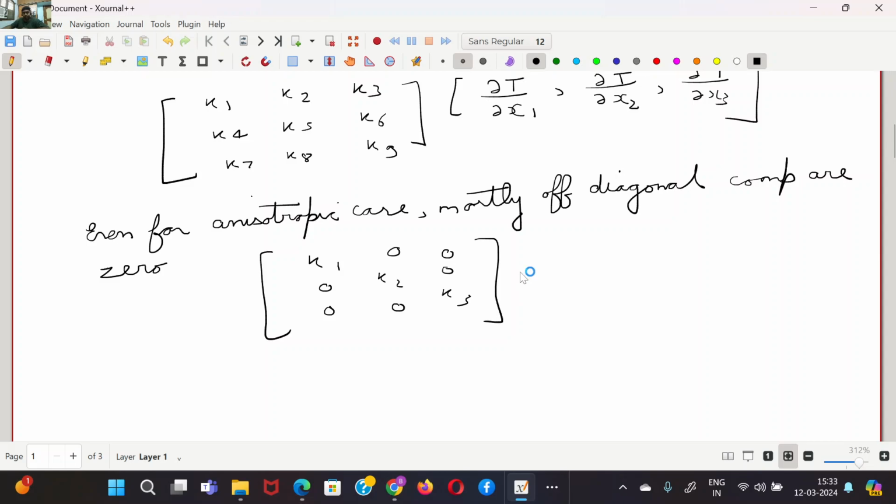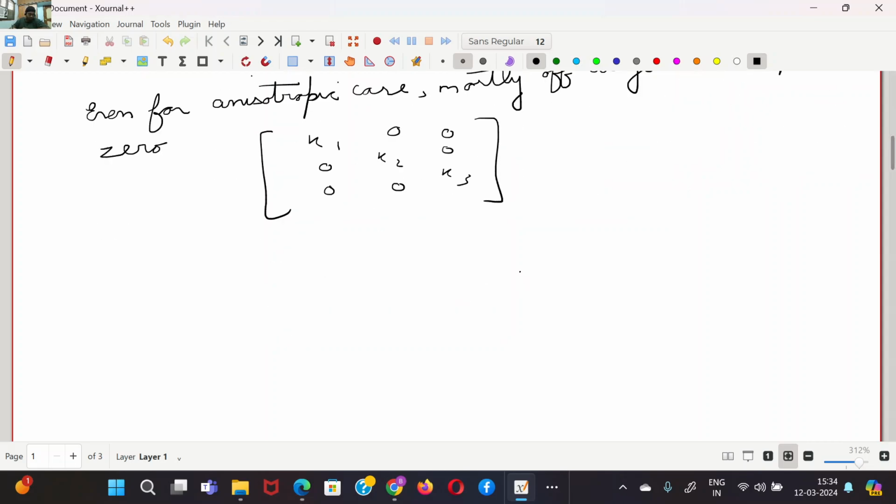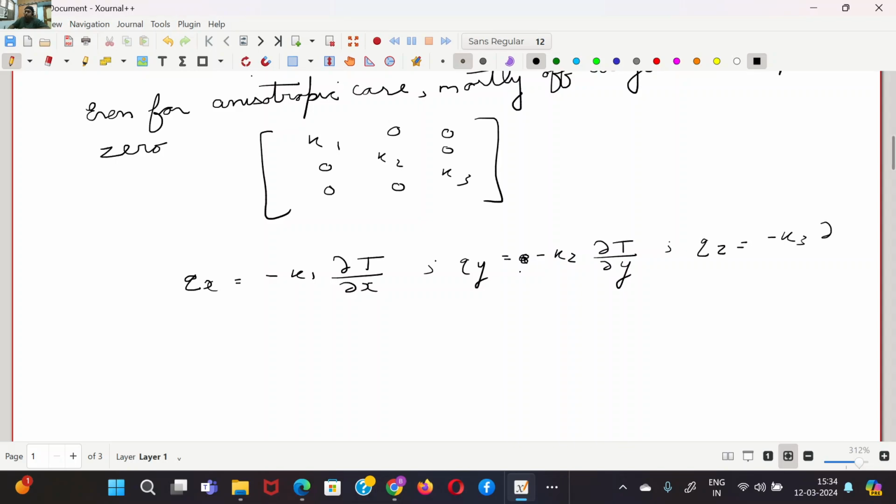Then you'll have, now when you dot it with the temperature gradient, Qx is equal to minus K1 dou T by dou x, minus K2 dou T by dou y.